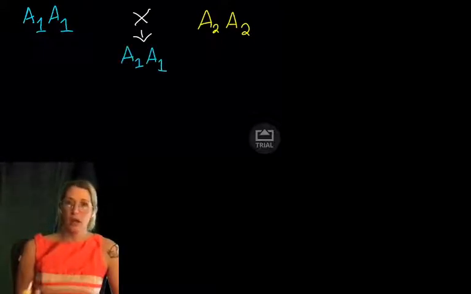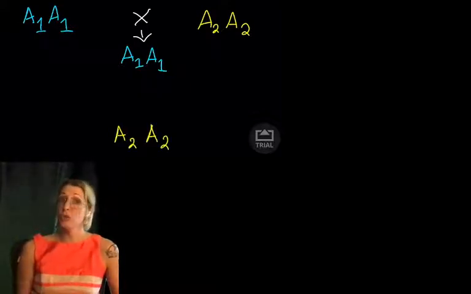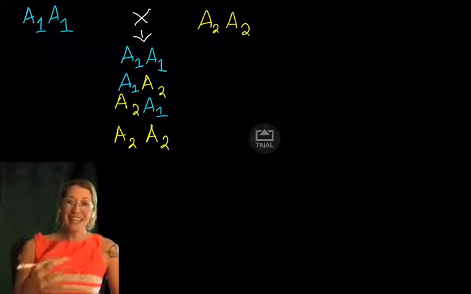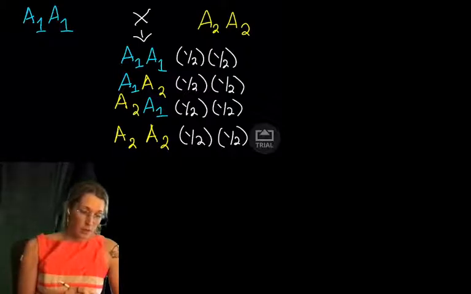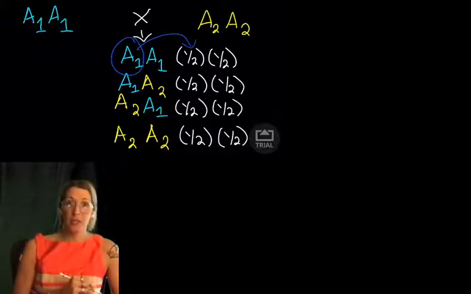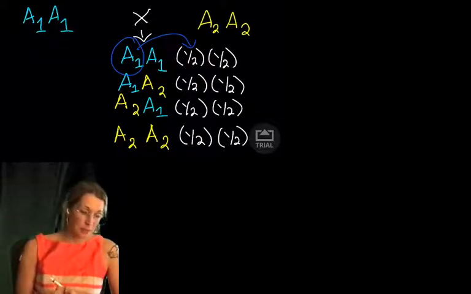We can of course get offspring that are A1 homozygotes, just like one of the parentals. We can get offspring that are A2 homozygotes, just like the parentals. But then of course we can also get heterozygotes. The probability of one of the offspring getting an A1 is 1/2, because half of the population only carries A1s.